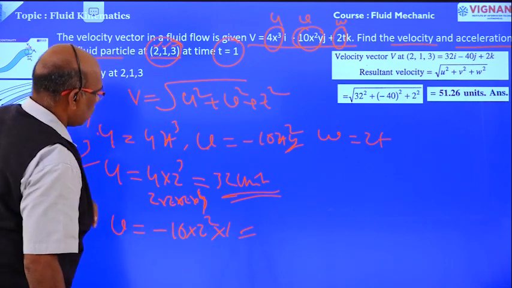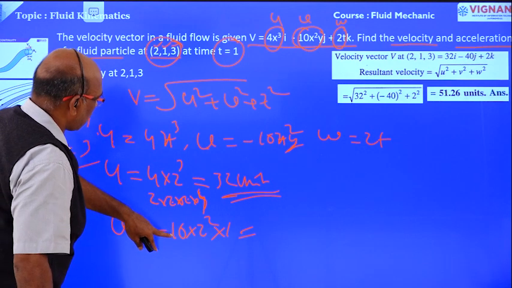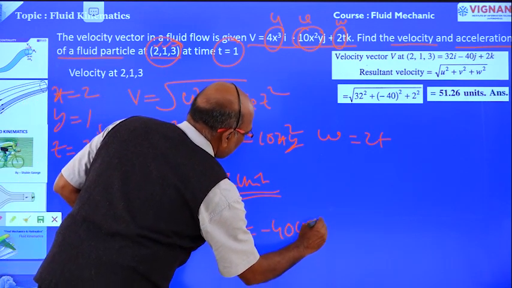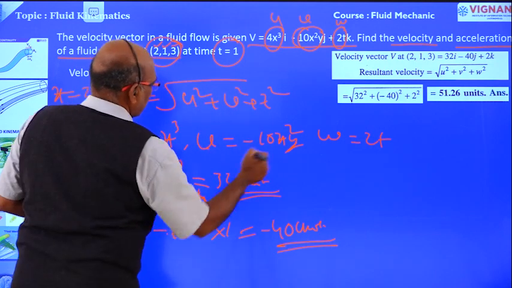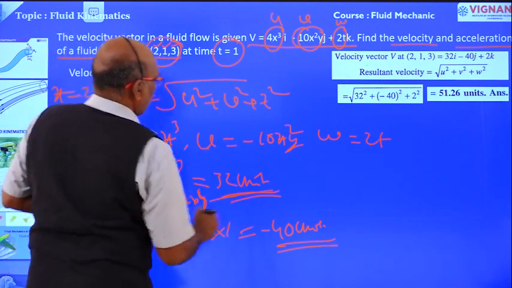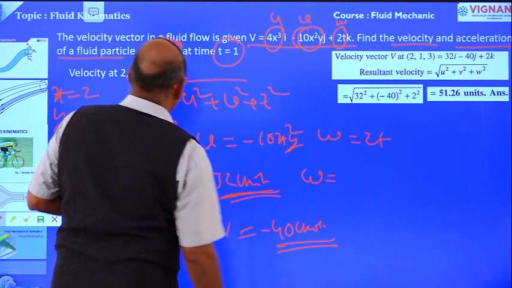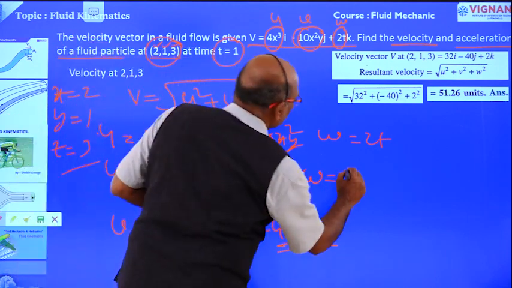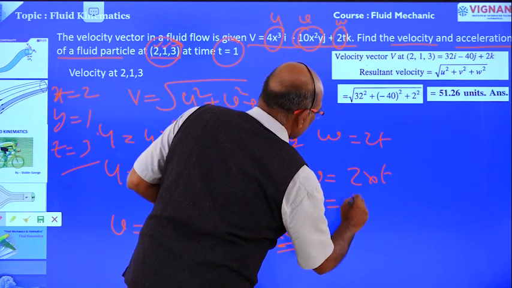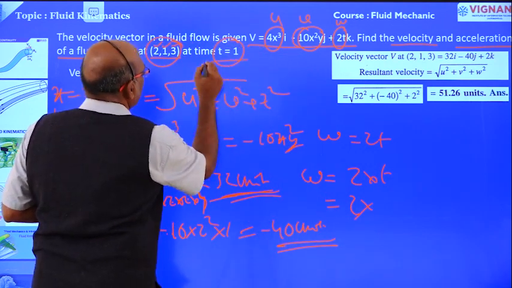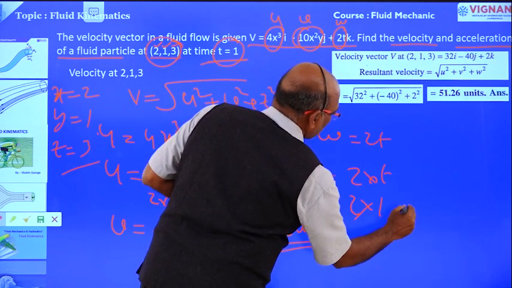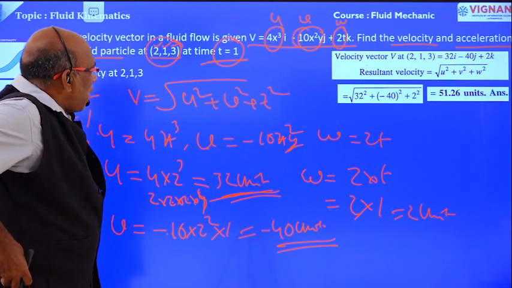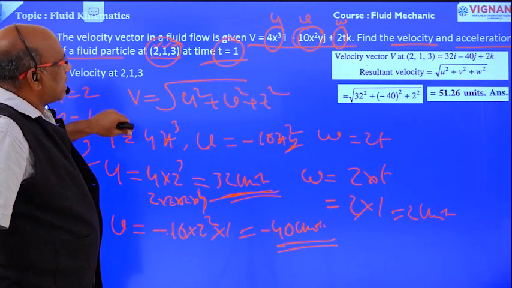That is 4 into 10, 40, into 1, so minus 40 units. This is v. And w is equal to 2 into t. Taking time as 1, that is equal to 2 units.